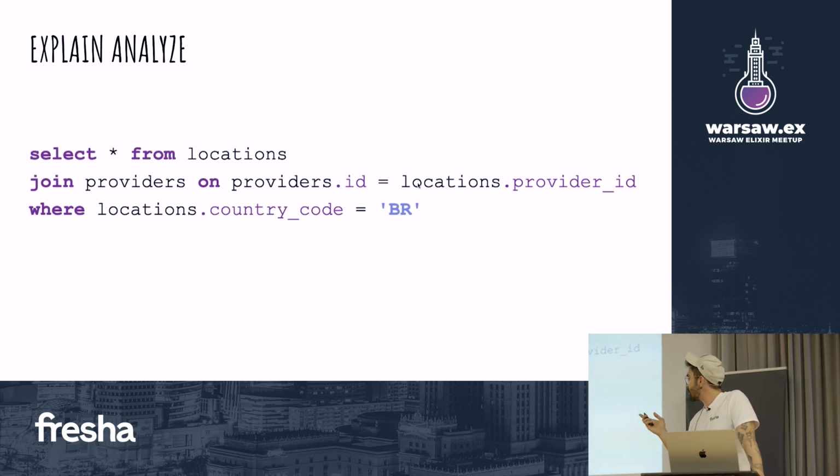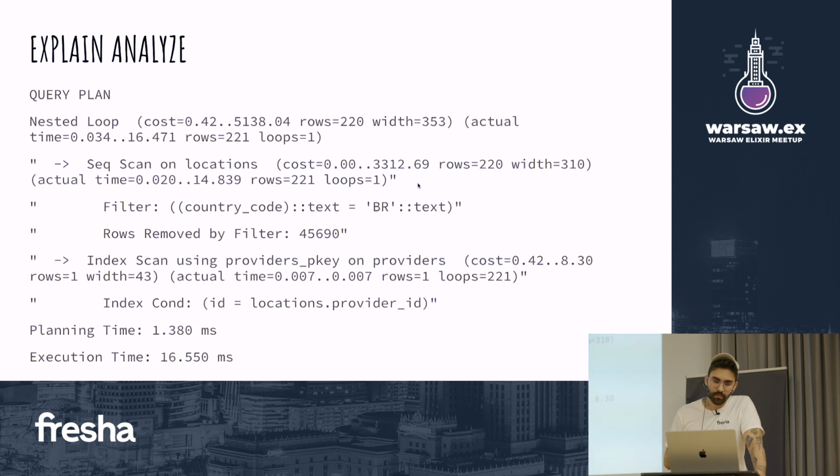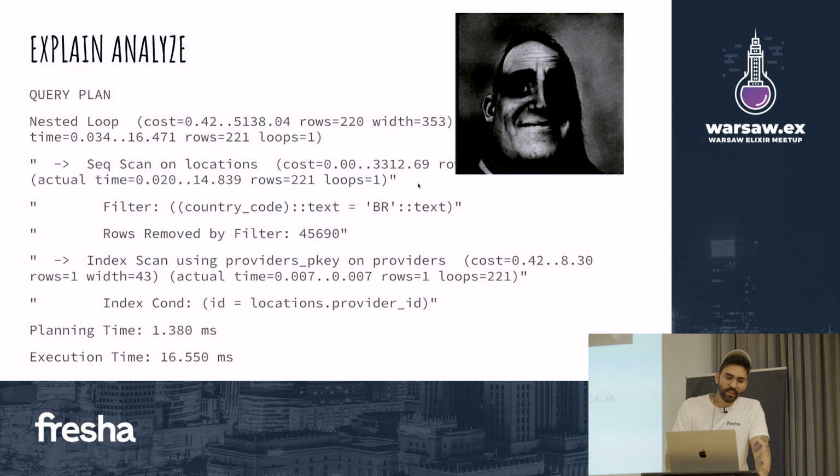With the SQL statement, we can go straight away and run the explain analyze. And if you do that, what you're gonna get is the query plan. Awesome, good stuff, no? Yeah, not really. It's not very easy to parse, is it? It's a huge blob of text. But luckily, we don't actually need to understand how to interpret that, especially in bigger queries where it becomes very messy.